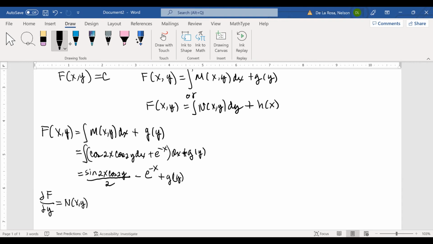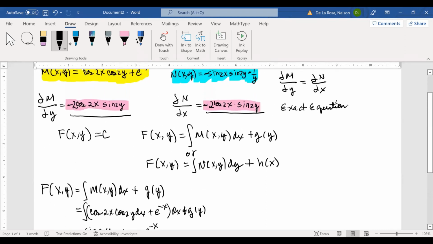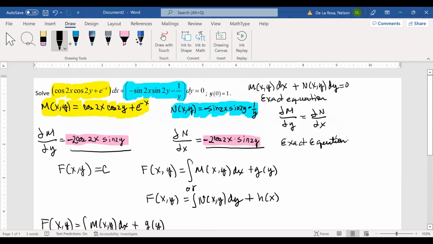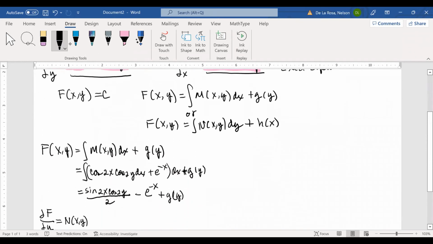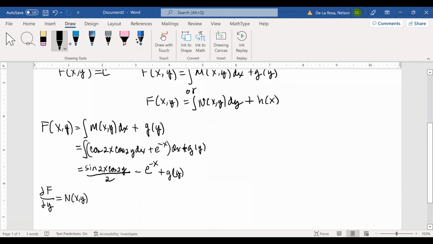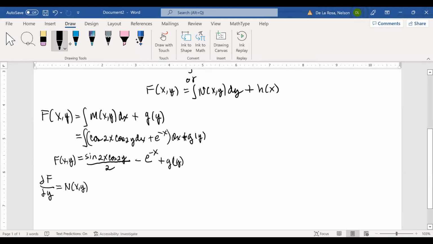Okay, so the derivative of the function f is equal to the expression in front of dy in the given differential equation. So we need to differentiate the function we found, f of x comma y, and then we equate it to N of x comma y.